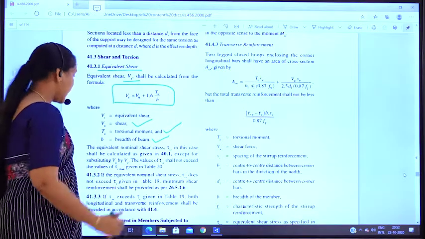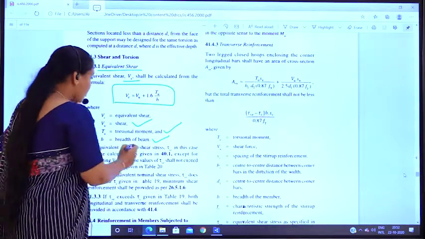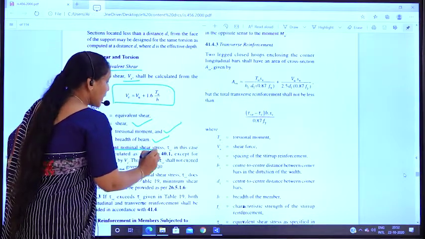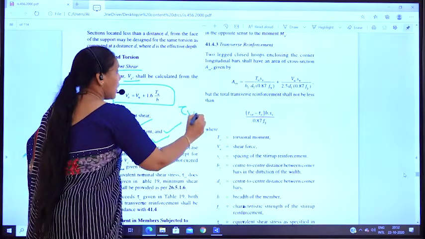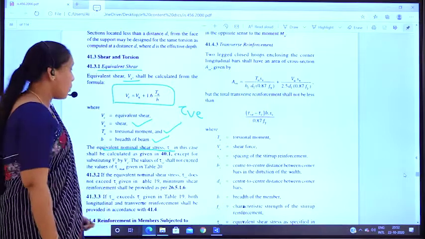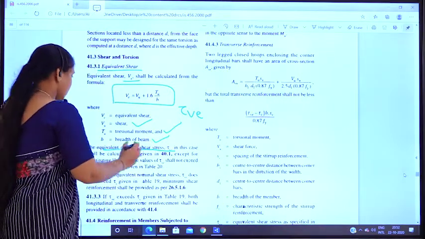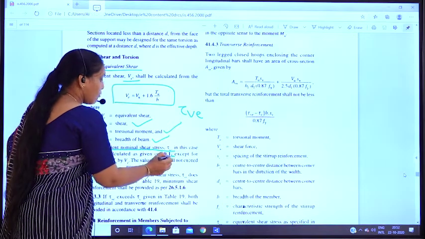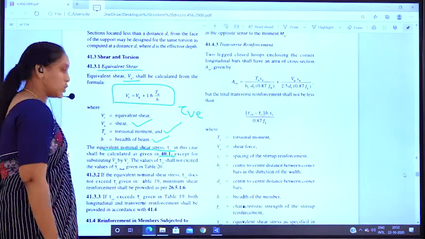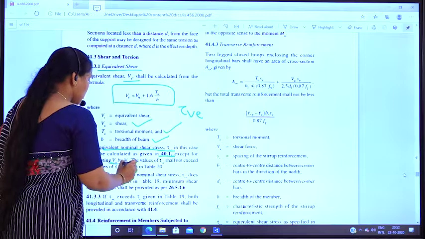After calculating the equivalent shear, the next step is to calculate the equivalent nominal shear stress, which is denoted by tau VE. How do we calculate tau VE? The formula given in 40.1 has to be used, and instead of Vu we have to substitute VE.